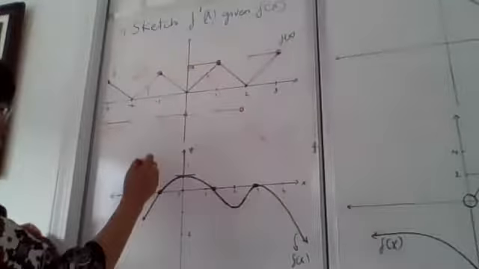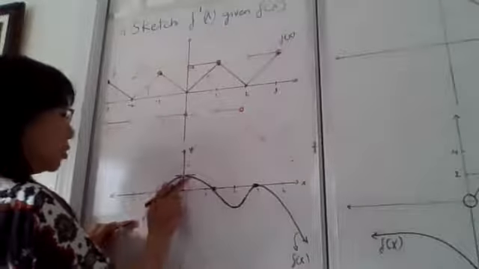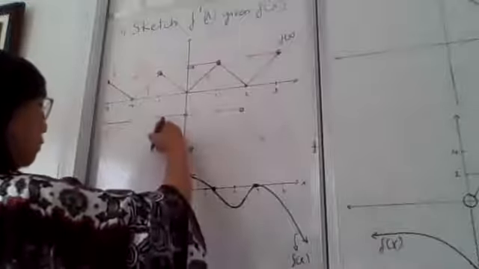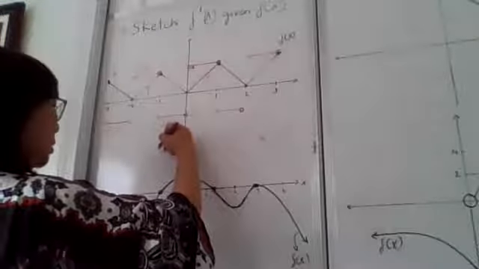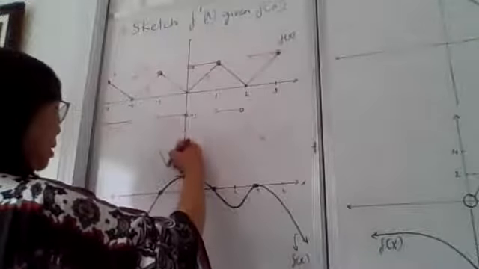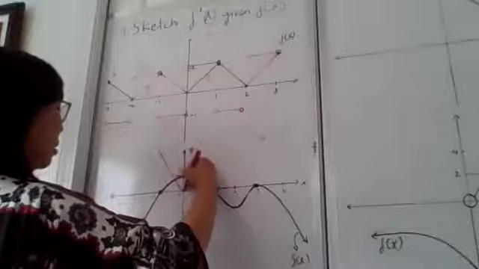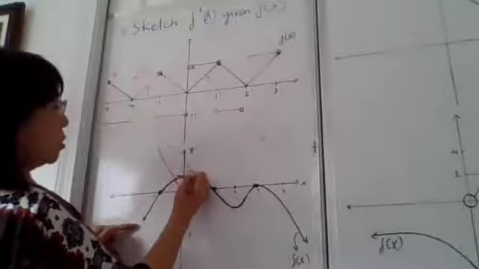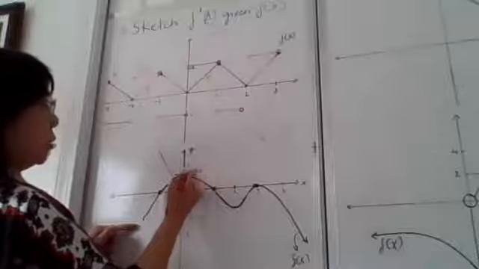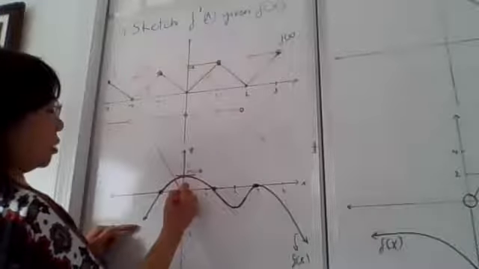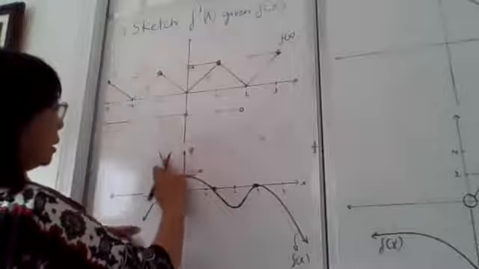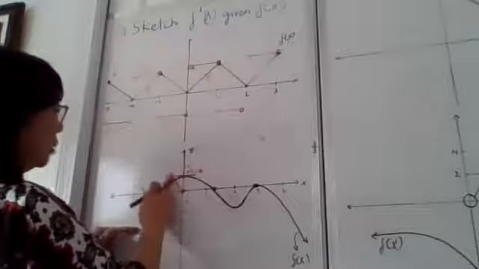So now we're going to sketch this one. Because this function is increasing, we have a positive slope. So let's start from here. We have a positive slope. However, it goes to 0 because at this time, our slope equals 0. M equals 0. So right here is 0.